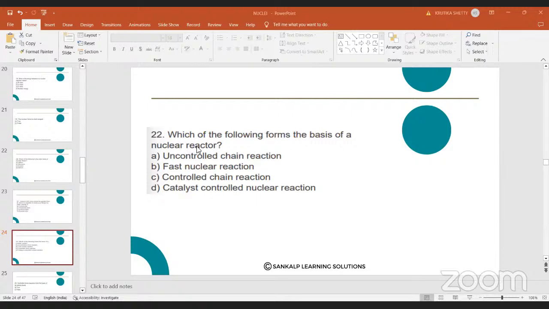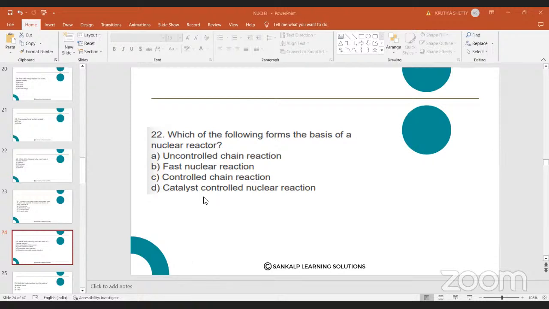In a nuclear reactor, the uncontrolled chain reaction does not take place. Catalyst controlled nuclear reaction, yes.